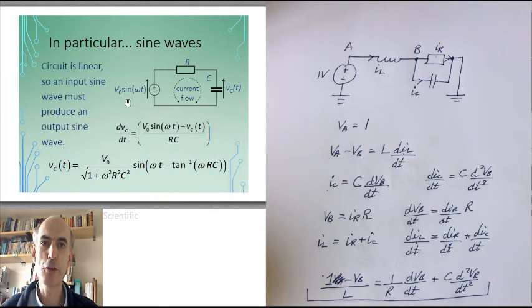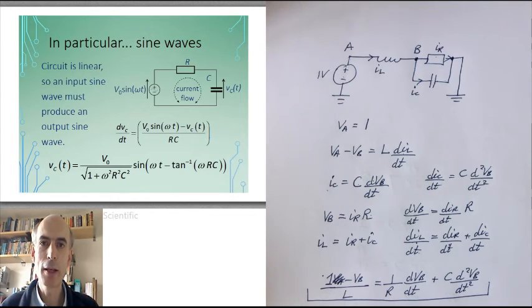And Kirchhoff's current law is adding up sine waves, resulting in more sine waves. And everything is just a sine wave at the same frequency. And as long as that is true, we can make a lot of simplifications that make our life much easier. And in a lot of circuits of real importance, this assumption is valid.